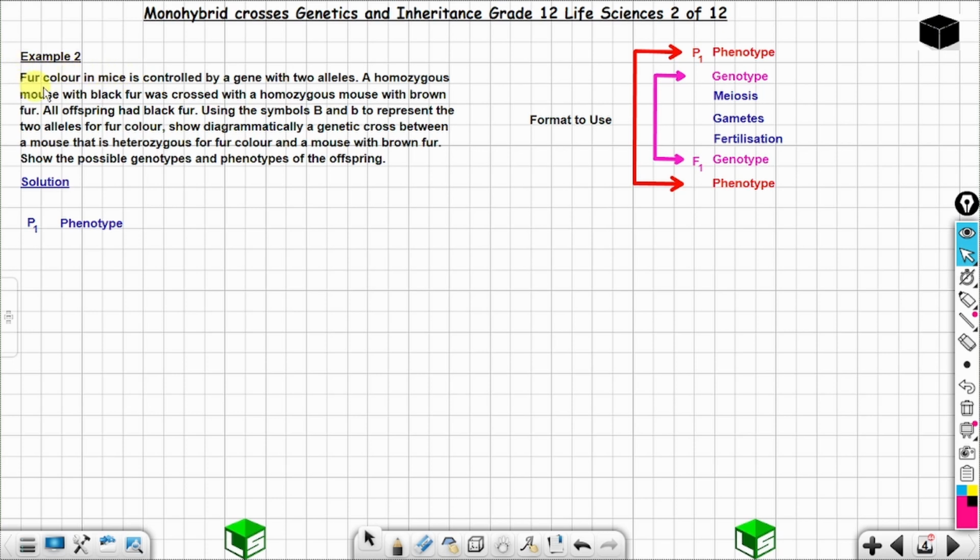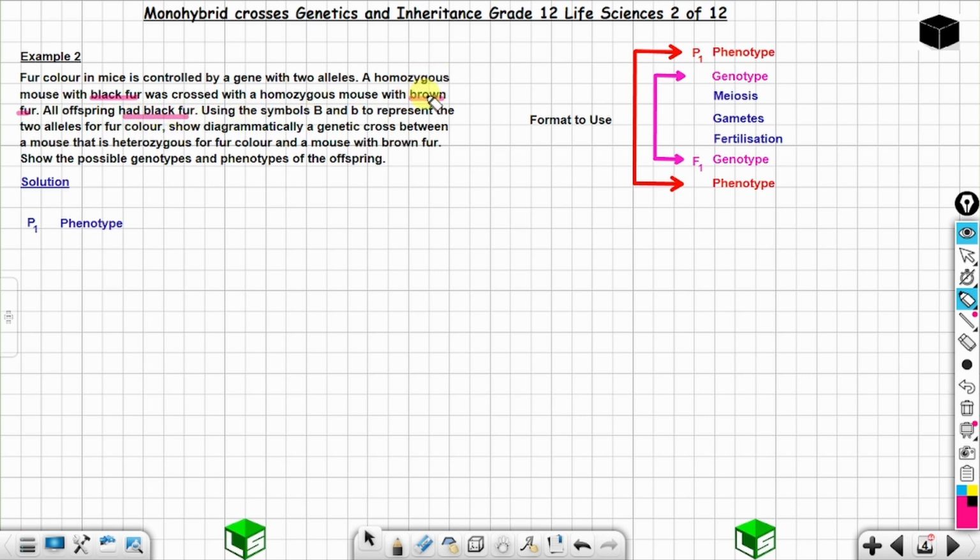When you start from the start, fur color in mice is controlled by a gene with two alleles. A homozygous mouse with black fur was crossed with a homozygous mouse with brown fur. Let me show you. The result is all offspring had black fur.